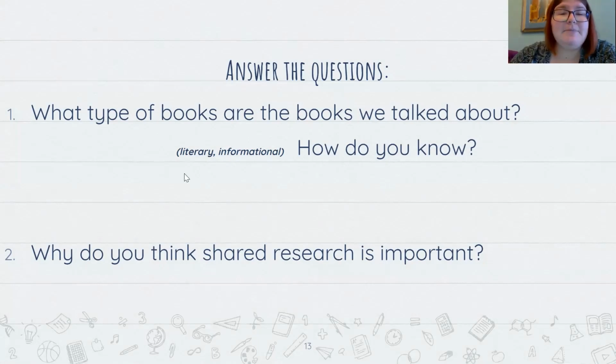Those are some sentence stems you can use. Let's read number 2. Why do you think shared research is important? So our sentence stem might sound like, I think shared research is important because.